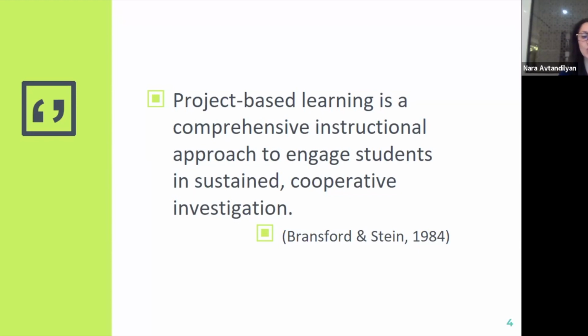Students will typically work on a project over an extended period of time, anywhere from a week up to a semester, that engages them in solving a real world problem or answering a complex question. Then they show what they learned by creating a public product or presentation for a real audience.